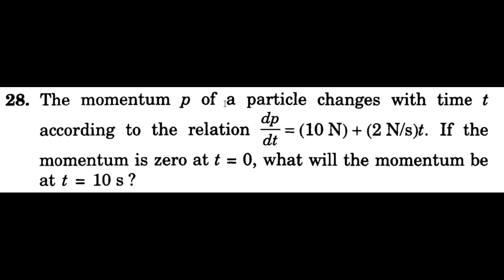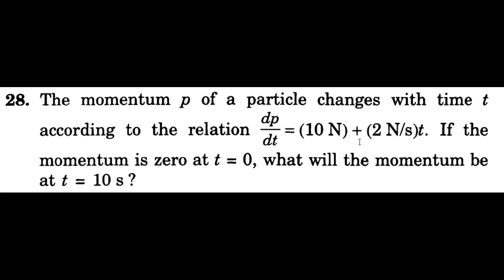So the next question is, momentum p of the particle changes with time according to the relation dp by dt equal to 10 plus 2t. If the momentum is 0 at t equal to 0, what is the momentum at t equal to 10? So this is very simple, you directly integrate this. dp would be equal to (10 plus 2t) times dt, and now we can integrate this.